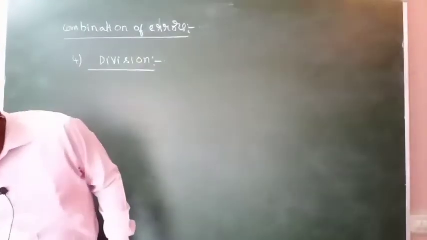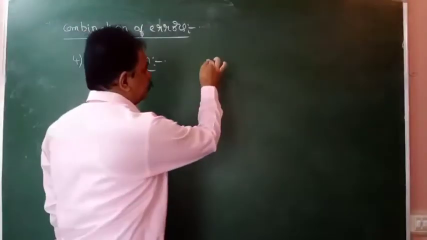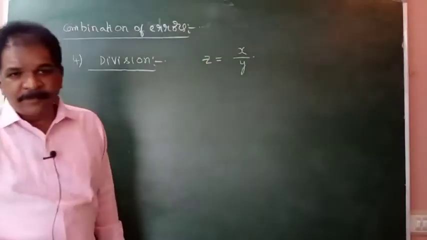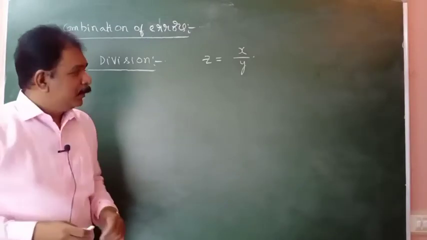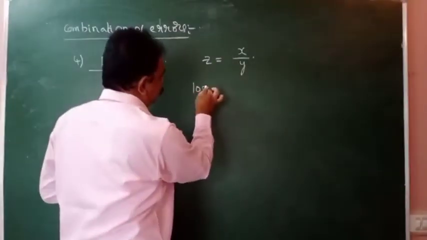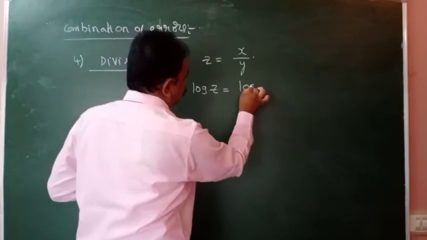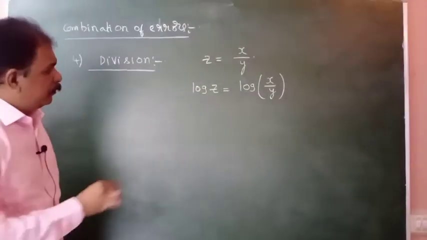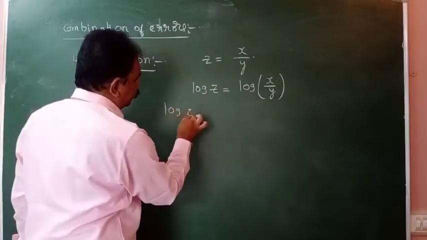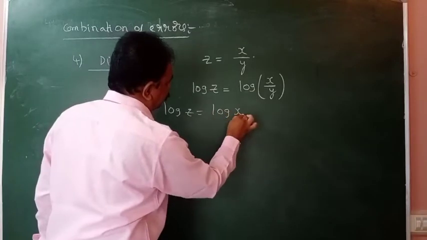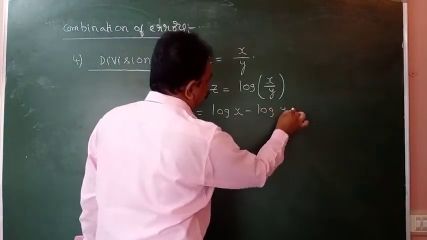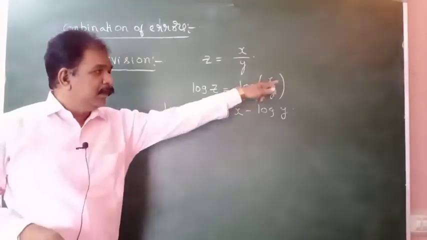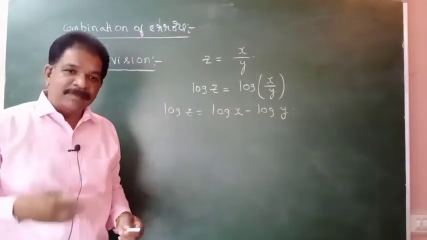In division, how to calculate the error? z is equal to x by y. Clear? They defined like this. Take logarithms on both sides. Log z is equal to log of x by y. Then log z is equal to log x, and if it is in the denominator, divided by, you have to write minus log y.